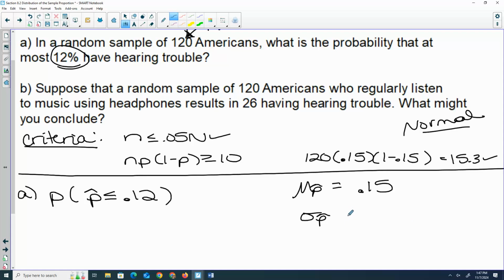And to get our standard deviation, we do the square root of p times 1 minus p over n. My n was 120. That's 0.0326.